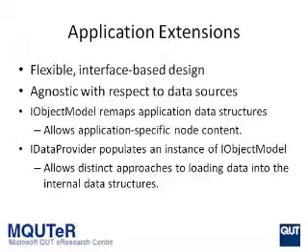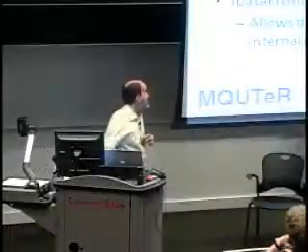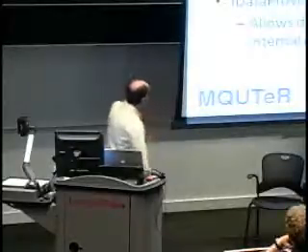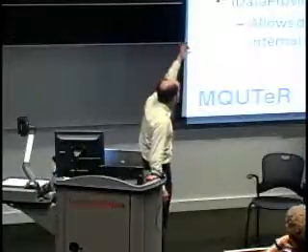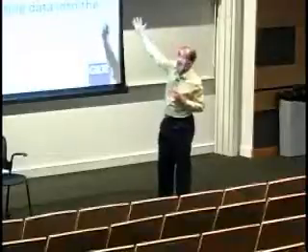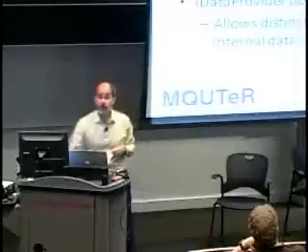Application extensions. A couple of points about the way the BLAST Explorer and SilverMap in general has been architected. It's got a flexible interface-based design through iObject model and iData provider. We've tried as far as possible to be agnostic with respect to the data sources which come into the tool, and to provide pathways for people to configure the tool to work with their particular data sets. So iObject model gives us application-specific node content. iData provider gives us view-specific and purpose-specific approaches for getting the data into the nodes.